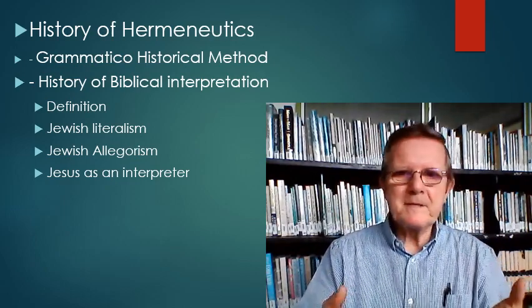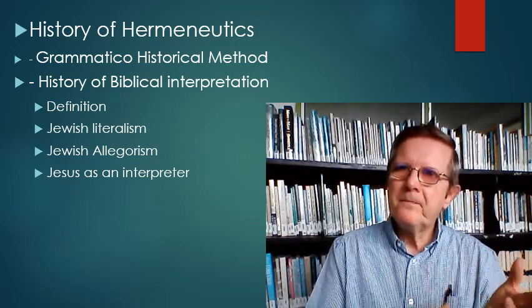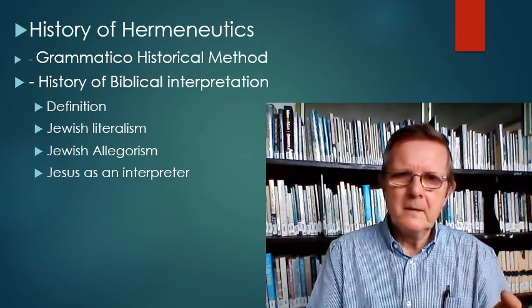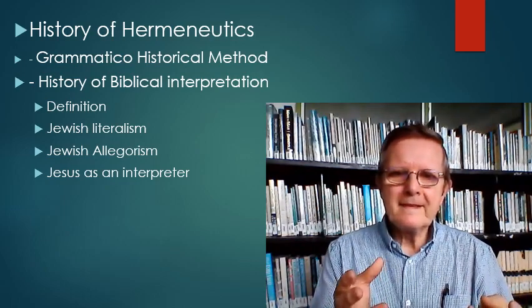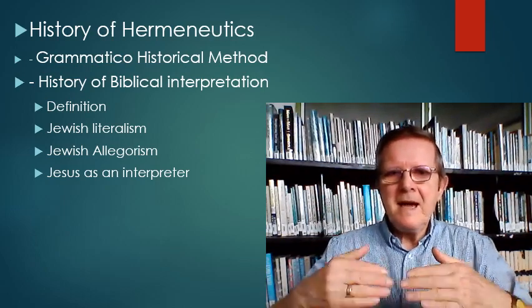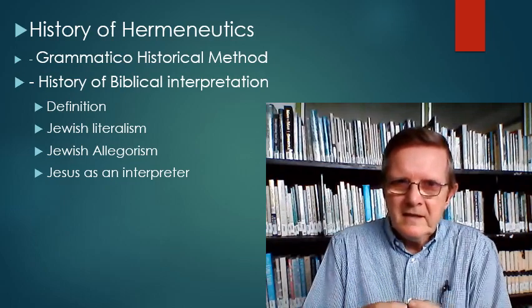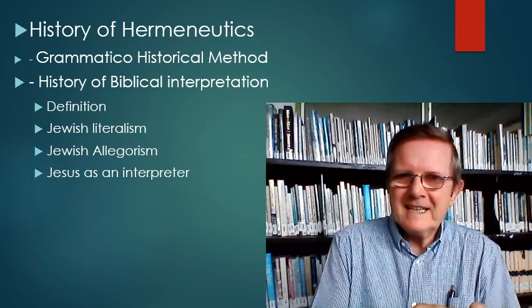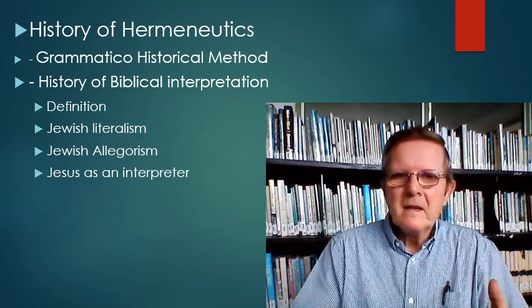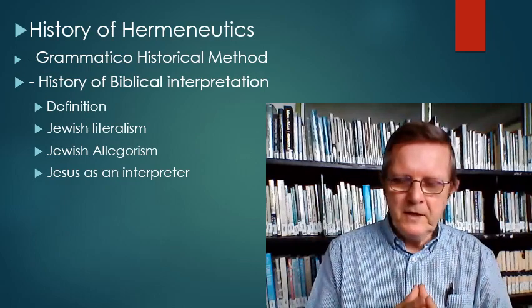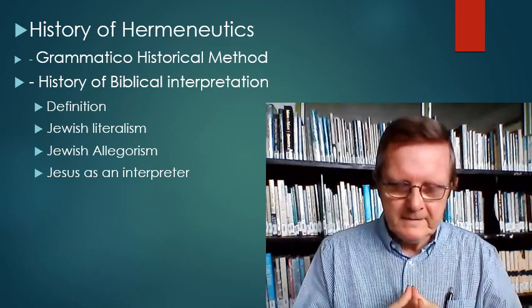That was both legalistic, but also, somebody wrote it this way, fanciful. It means imaginary. It was not linked anymore to the real meaning of the text itself. It was now lifted out of the real literal meaning.